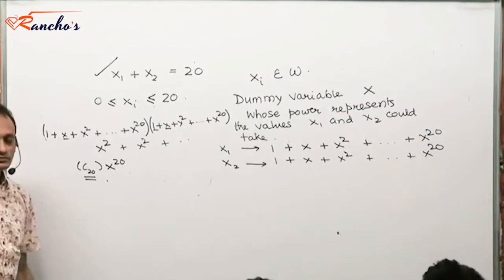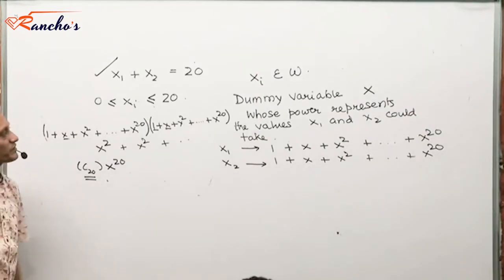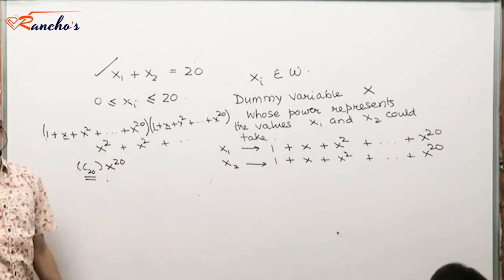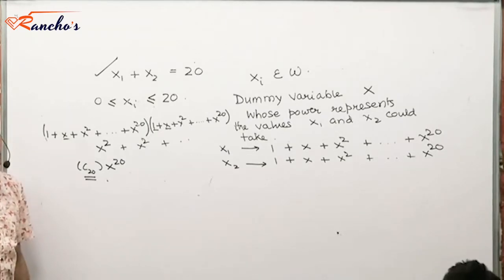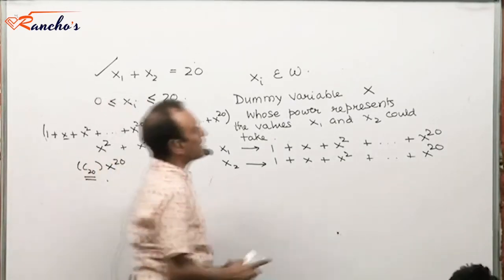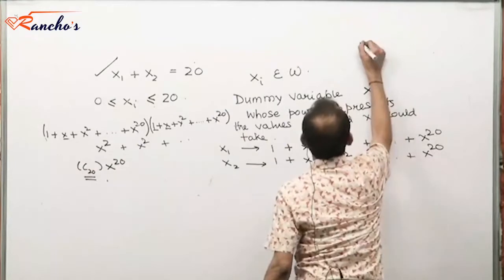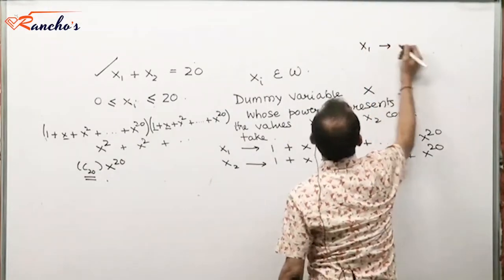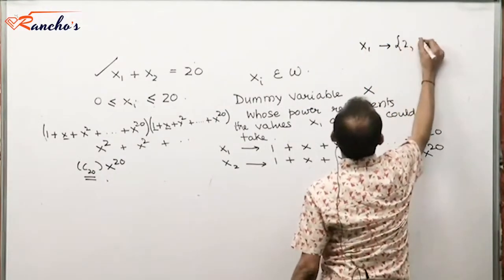Now, somebody could have said that x1 will take values only like 2, 3, 5.